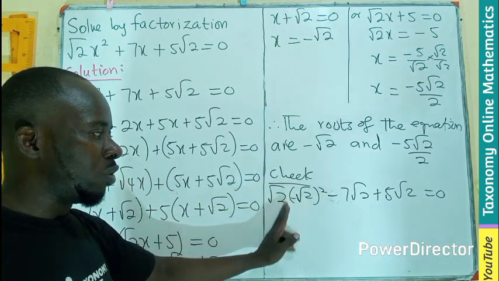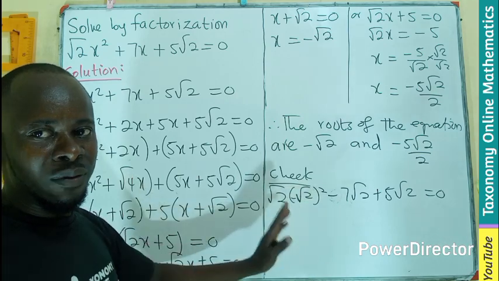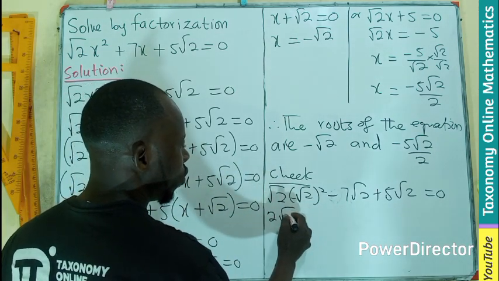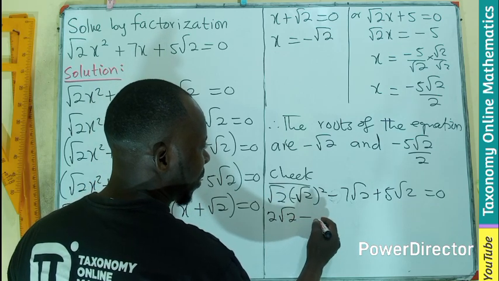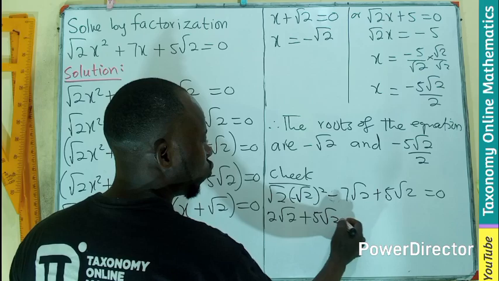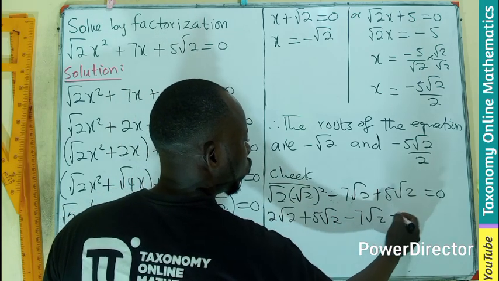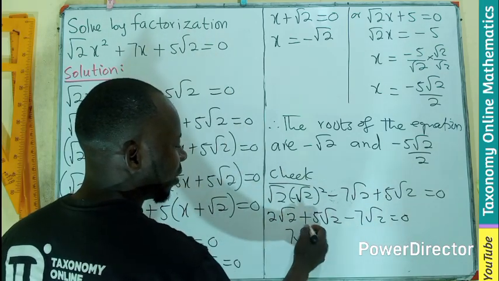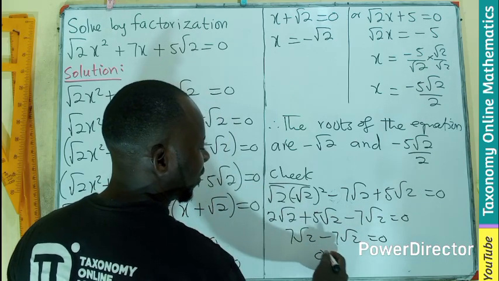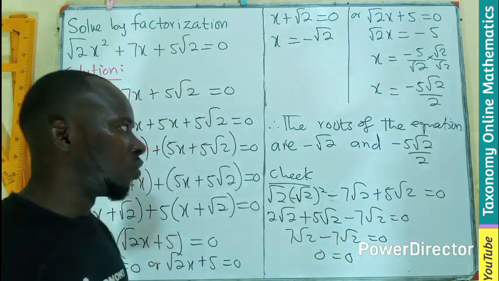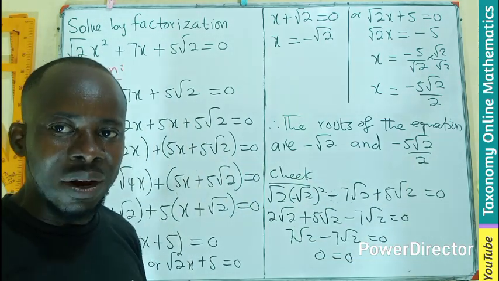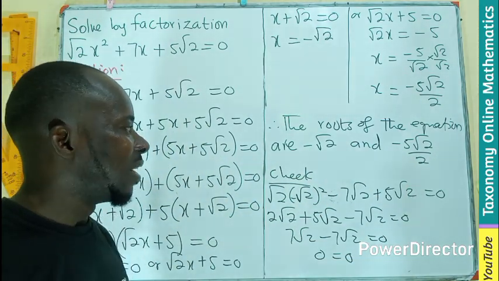The negative root 2 times itself will give you a positive 2, and the positive 2 times this will give you positive 2 root 2. Here is minus 7 root 2, plus 5 root 2. This will give you 7 root 2, 7 root 2. So here 0 equals 0. So that is true, this is a root. When you try with the other also, you get the left side equal to 0 as the right is 0.